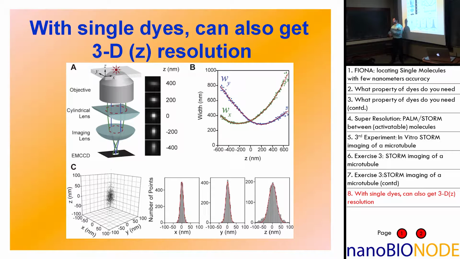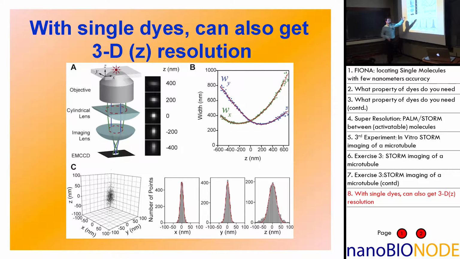And so if you take the X direction and this is the Y direction. If you take the X direction divided by the Y direction, it turns out that will have a direct relationship to the amount of Z that you've moved this fluorophore.